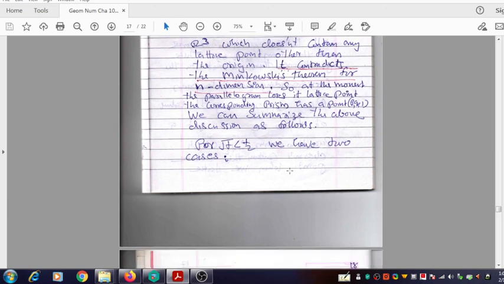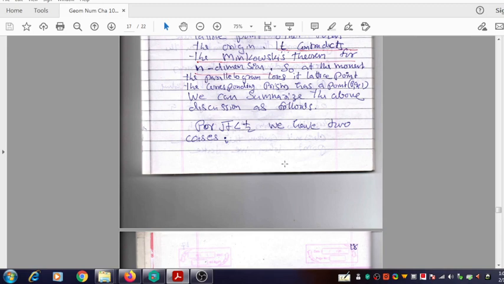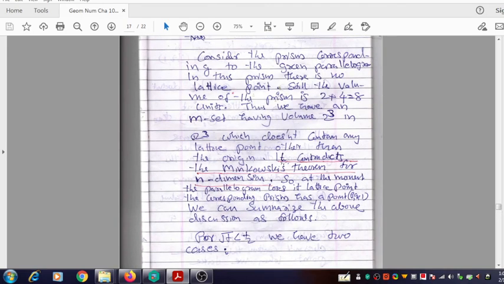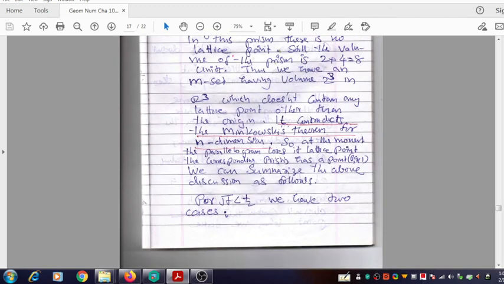Now since root t is less than 1/2, we have two cases. Okay. So at this point in the development of the proof of the theorem, we are standing at the point that in the prism we have lattice points.